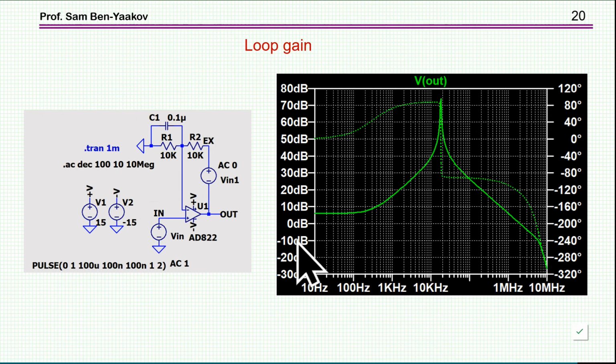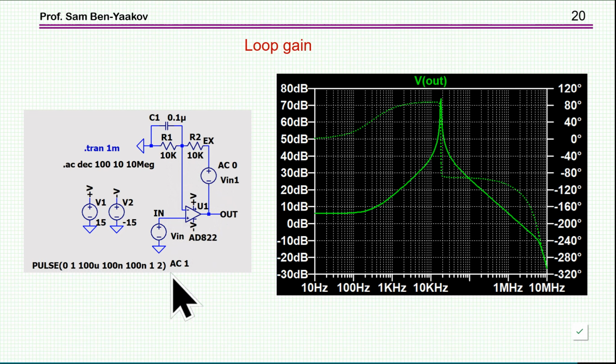I can do other things with AC analysis. For example, I can examine the circuit to see how it behaves in terms of stability, etc. Just for demonstration, I've put here a capacitor. This is a problem because due to this capacitor, there is a phase lag here. The amplifier itself has a phase lag, so it's bound to oscillate, to be unstable here.